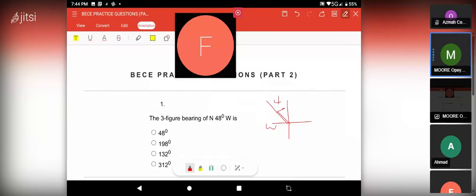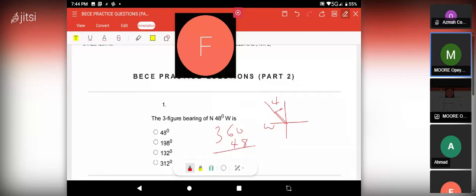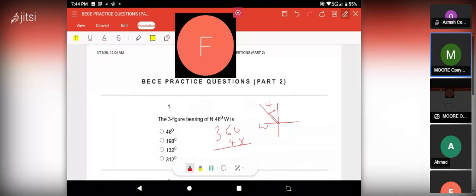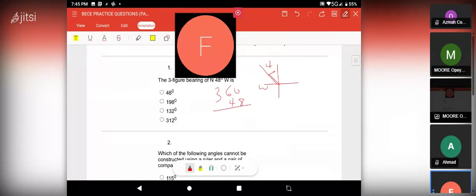To calculate the three-figure bearing of that, it is going to be from here in a clockwise direction. So we are going to say 360 minus 48. So the answer to that one is going to be what? 312. Yes, 312. Thank you. That is that.